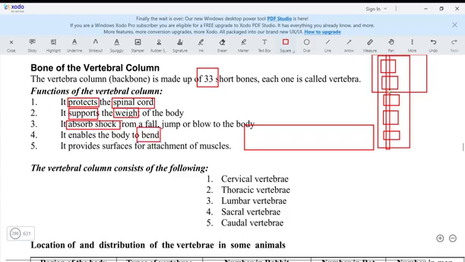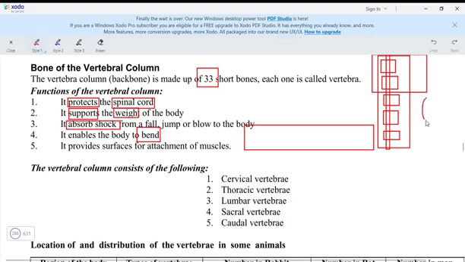If you want to bend, you can twist these bones, and that's why it is believed that the shape of the human body is S shape. This vertebral column you are seeing, the cervical, the thoracic, are in S shape, meaning that it is helping us to bend.